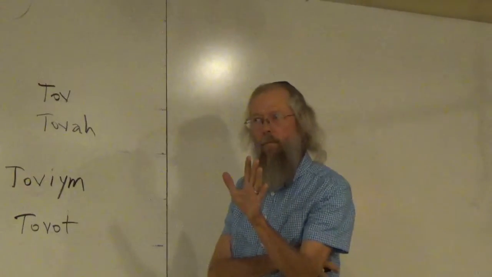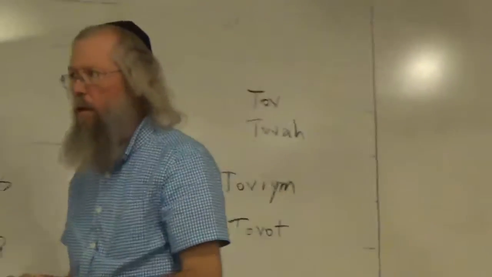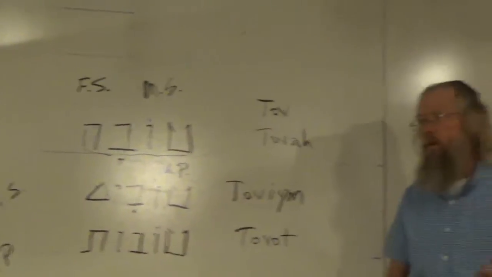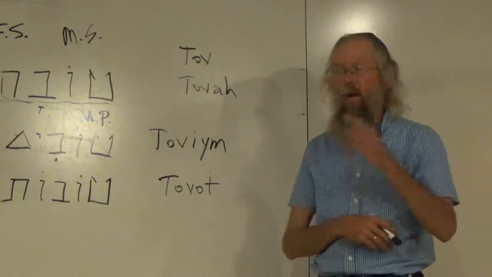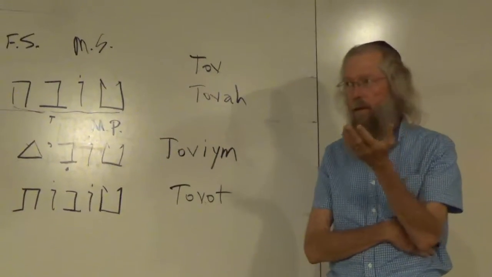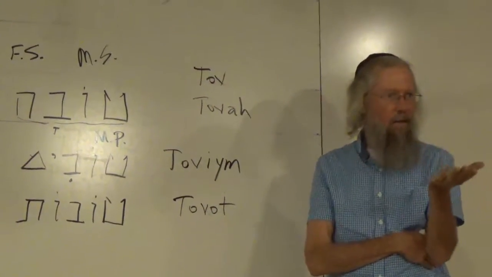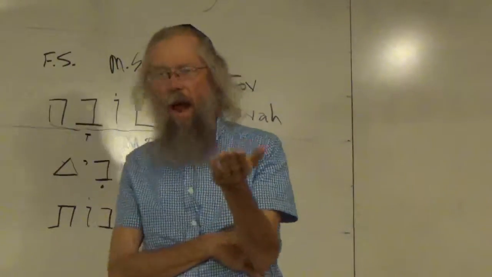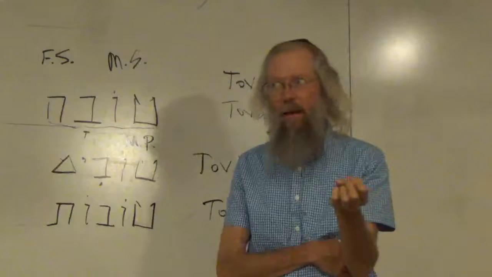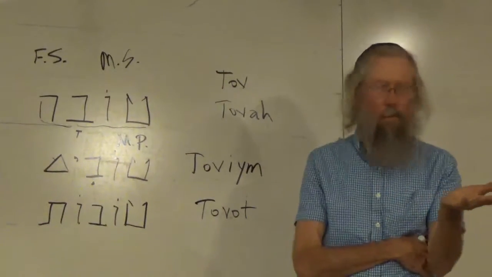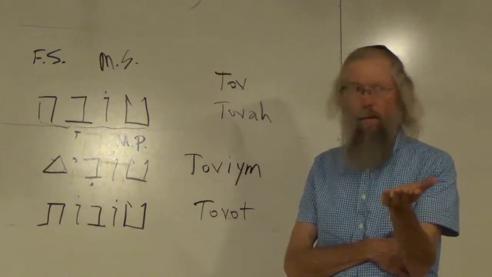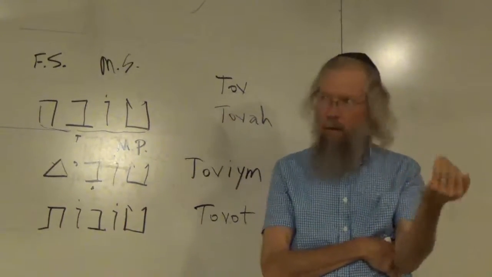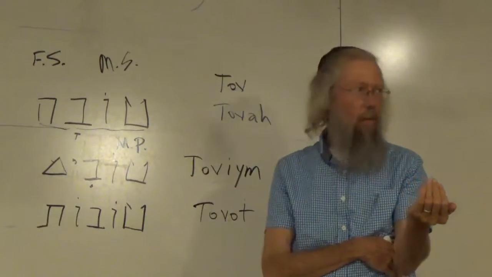Well, see, you have the same situation with Yonah. Yonah means dove. It is in female form. Even Moshe's name ends with a hey. But because the prophet is masculine, they have to drop the hey.